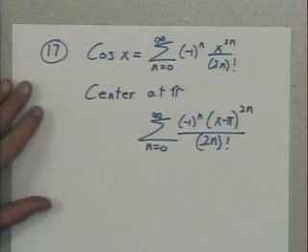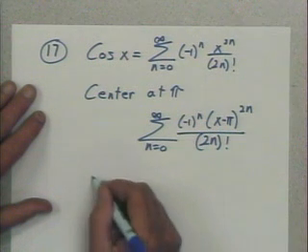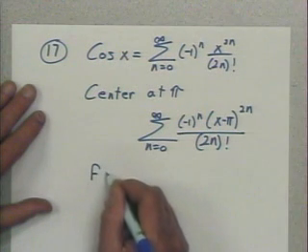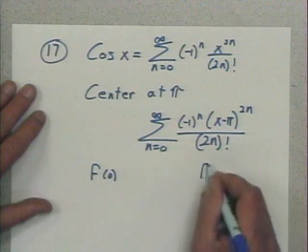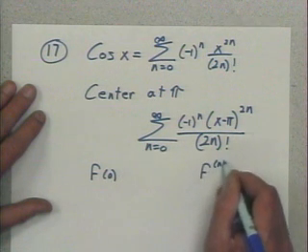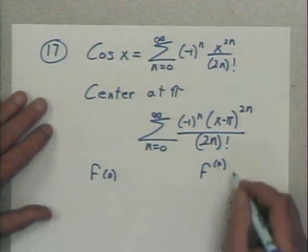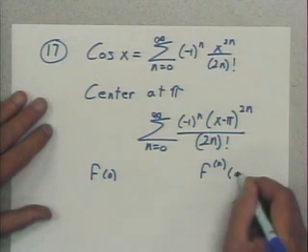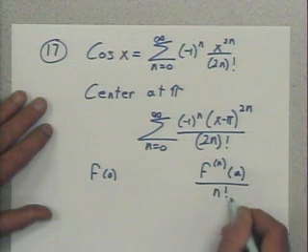Well, when you look at where this comes from, when you are centered at 0, in general you have to take the nth derivative, and it has to be evaluated where? At a, and then you got to divide by n factorial, right?